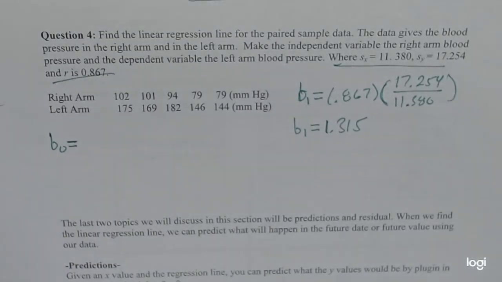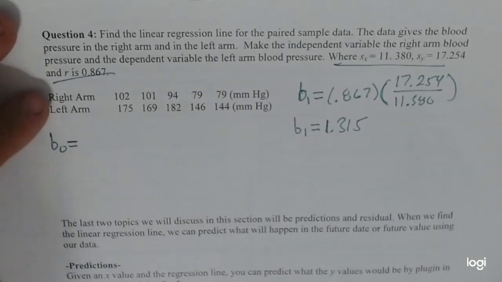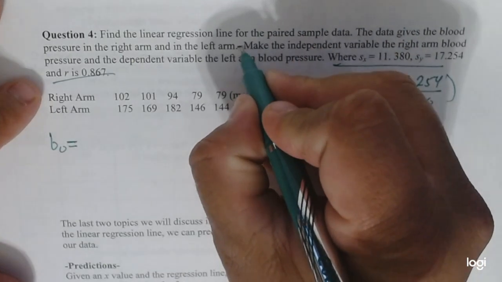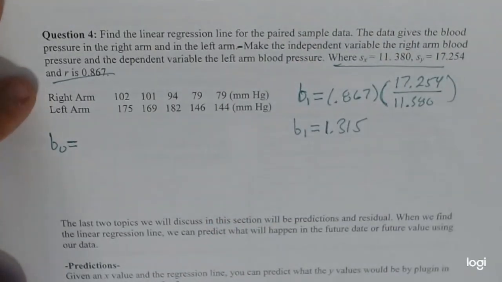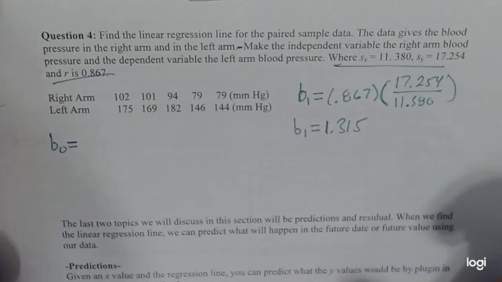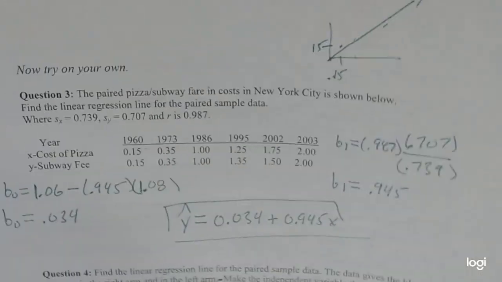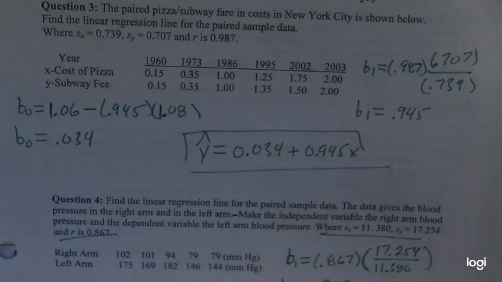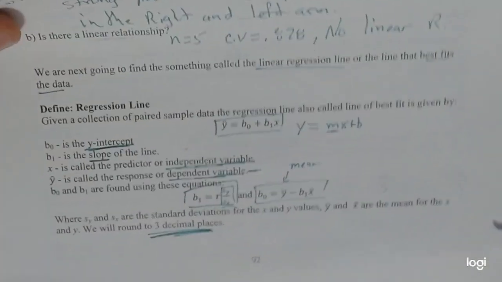First we have to find the mean of the y's. How do we know it's y and x? That's a good question. Notice what it says here: make the independent variable the right arm and the dependent variable the left arm. Let's go back to our definition. What is the independent variable?